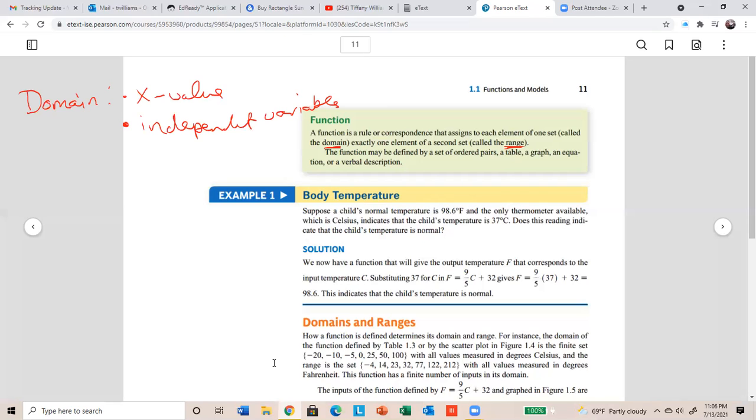You're talking about the first element of your function. Range can also be defined as the y value or the dependent variable. So all of that terminology means the same thing. I just want you to realize that if they ask for one or the other, it's all the same thing.